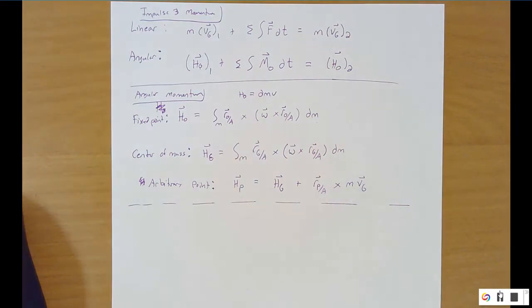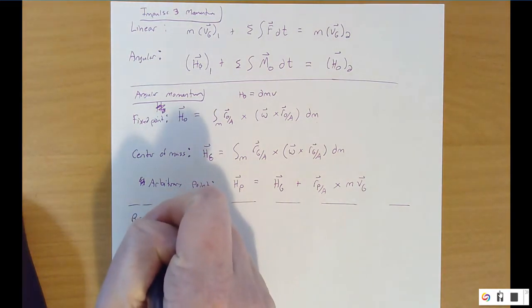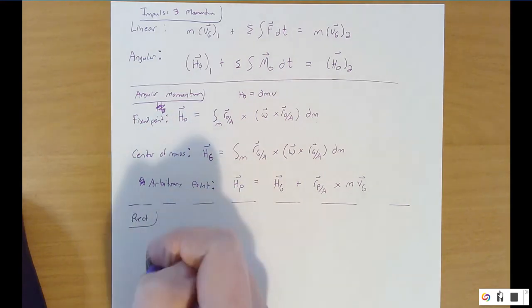And so if you take these equations, you can rework them so they're not integrals. If you put them into rectangular components, so x, y, z coordinate systems, then what we get is the following.